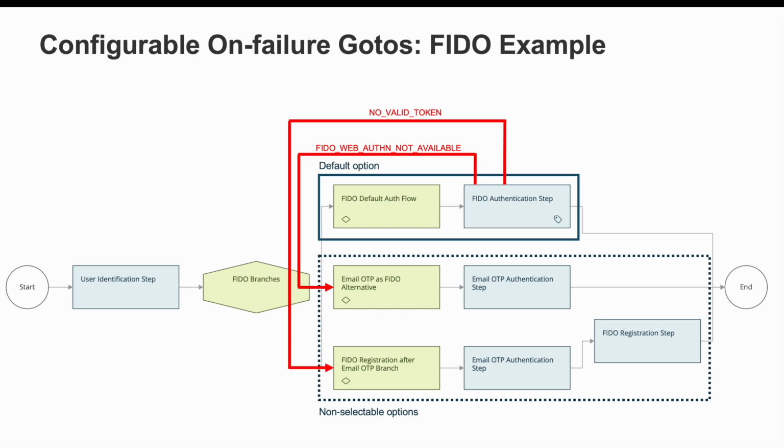Similarly, if there's no valid token, if the user doesn't have a passkey registered and cannot do FIDO authentication, then we would redirect the user to the FIDO registration branch, which would ask for an email OTP and then ask to register a FIDO passkey.